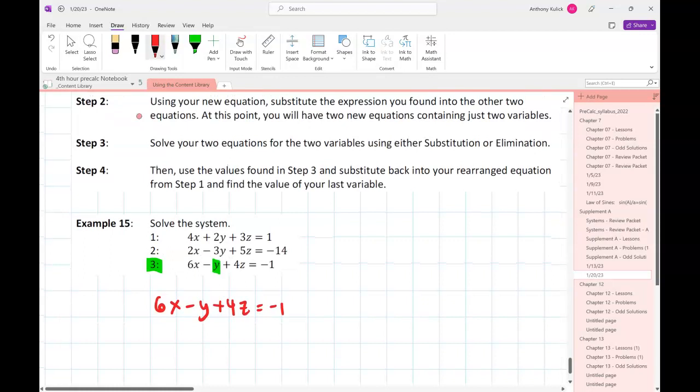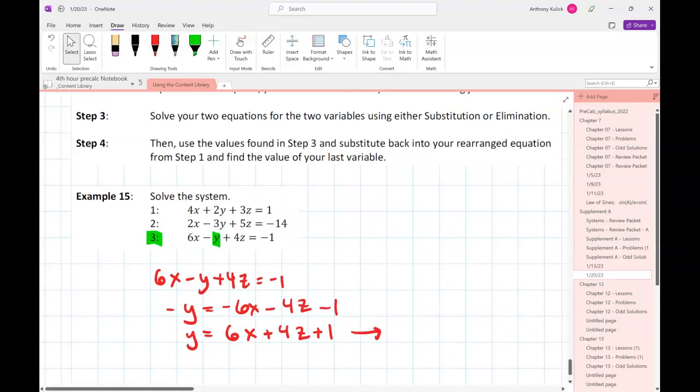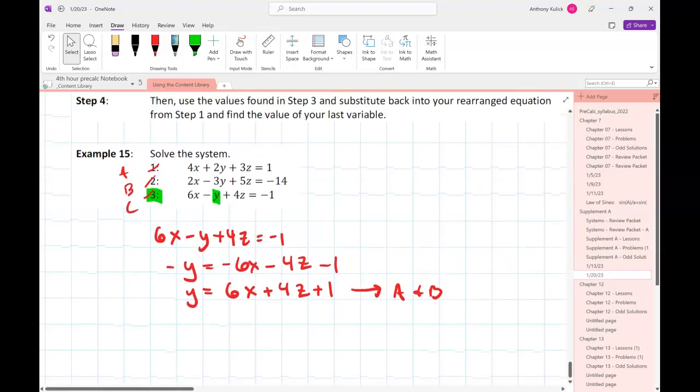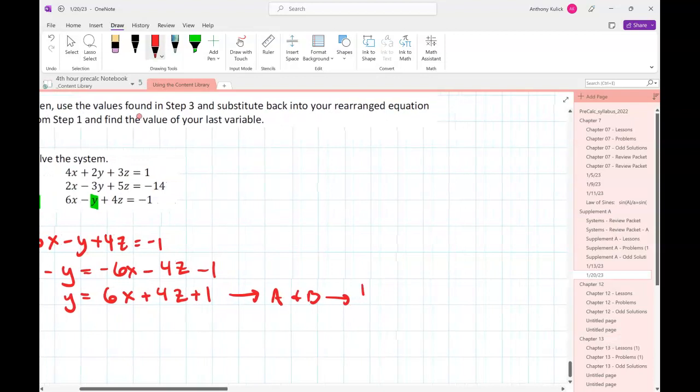So to isolate the y, I'm going to subtract 6x from both sides, subtract 4z from both sides, and then divide by -1. Then I'll plug that into, well, I'm going to rename these A and B. So when I do that, I get 4x plus 2, and then instead of y, I'm going to write 6x plus 4z plus 1.